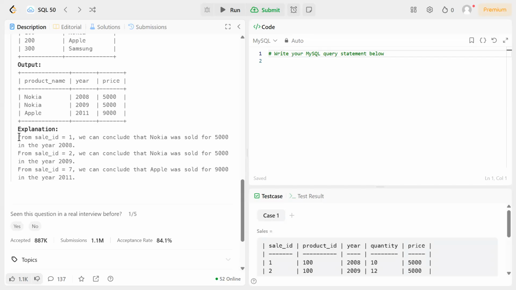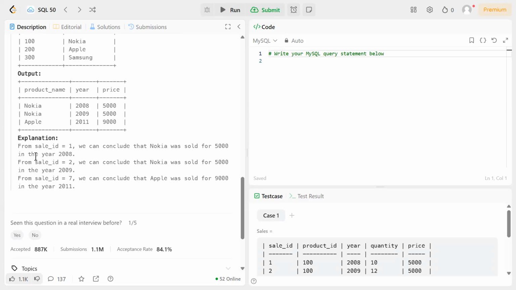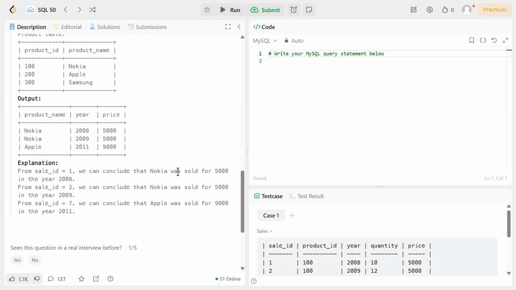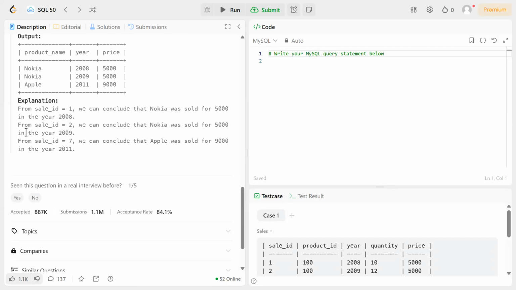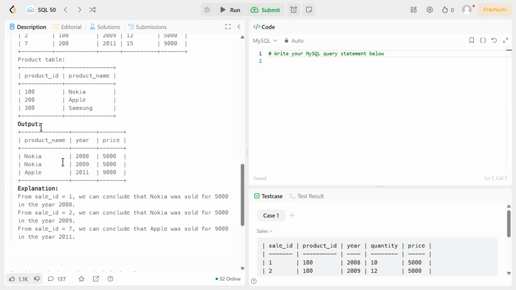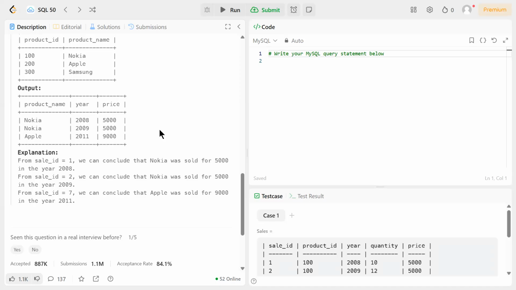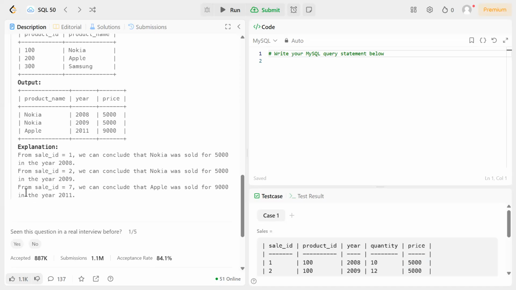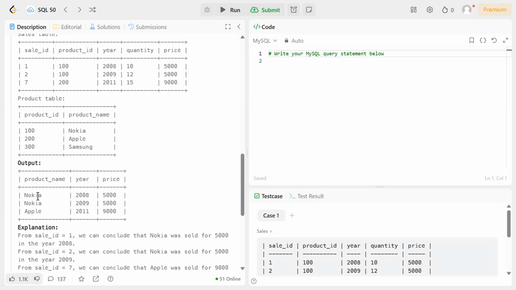The explanation is given: for sale ID 1, we can conclude that Nokia was sold for 5,000 in year 2008, and for sale ID 2 we can conclude that Nokia was sold for 5,000 in the year 2009, and similarly for the Apple. So let's start.